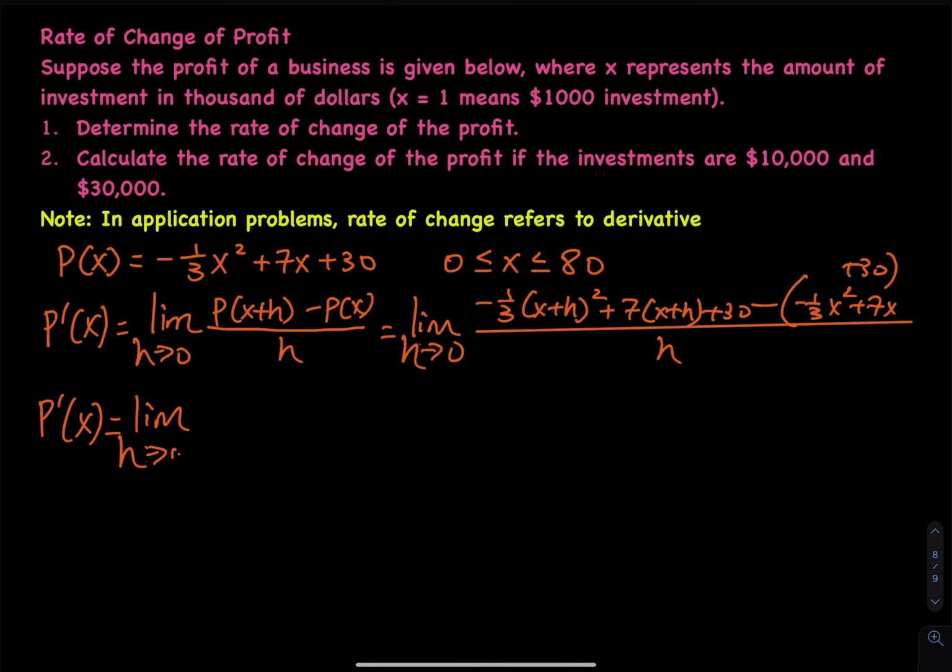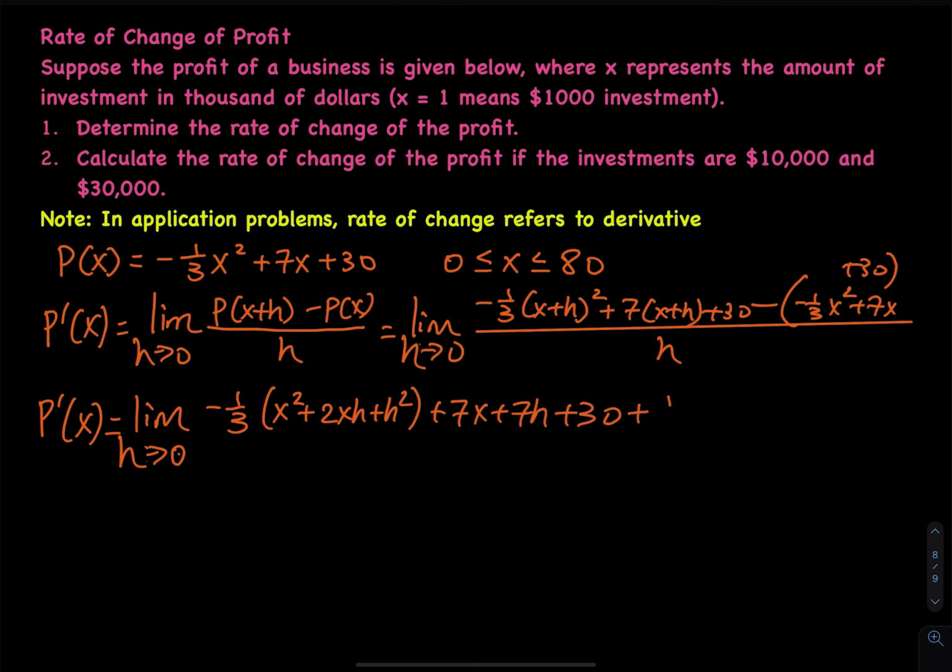So we have negative 1/3 times x squared plus 2xh plus h squared, plus 7x plus 7h plus 30, and then plus 1/3 x squared minus 7x, and then minus 30.